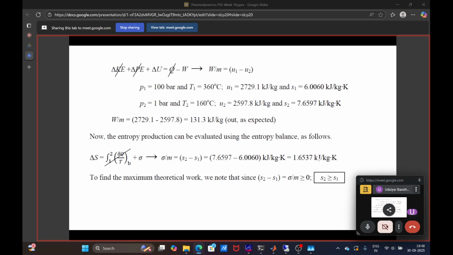Now what we know is the maximum work in case of expansion, the work produced in an expander, or the minimum work taken for a compression process, happens when your entropy generation is 0. That is the best possible case, a reversible process, and that is the most efficient possible.